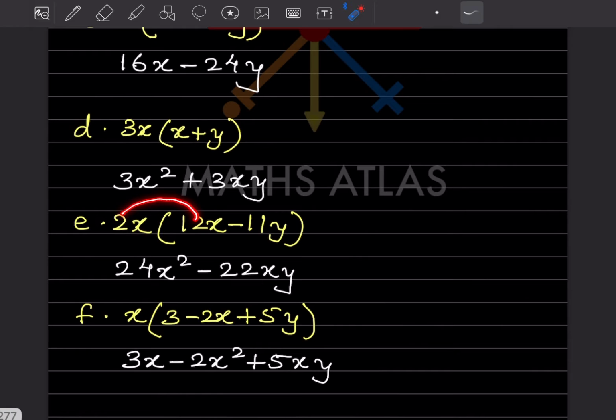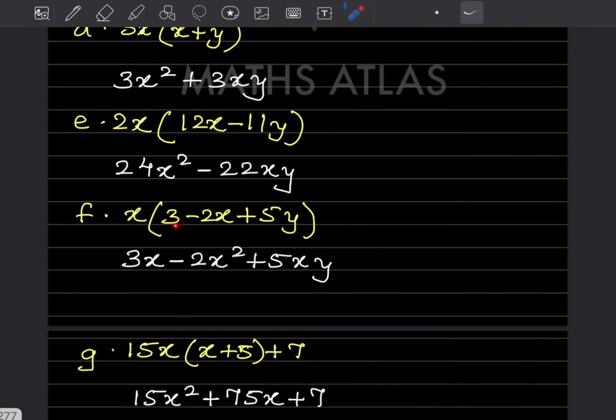This is going to be 24 and this will be x square minus 22xy. Now here there are three terms, so this will be 3x, there is a minus sign between, so that will be minus 2x square, and this is the third one, that will be plus 5xy.